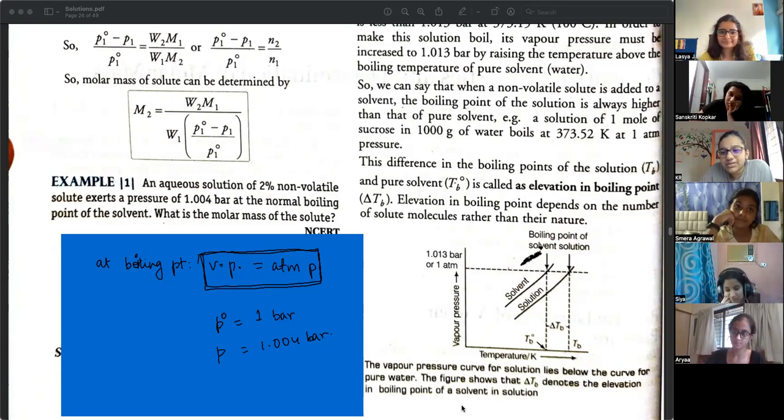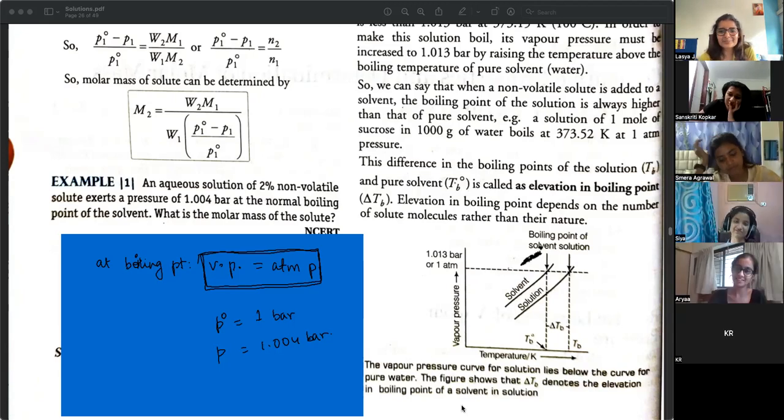What to do with the 2%? 2% is the concentration. But 1 ATM is not equal to 1 bar. It is more or less equal.